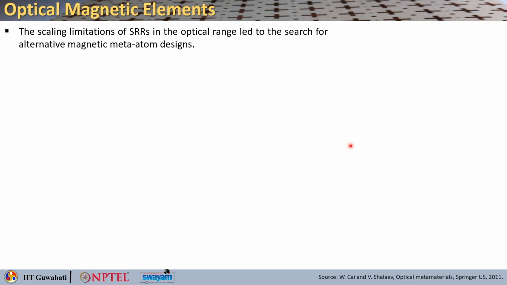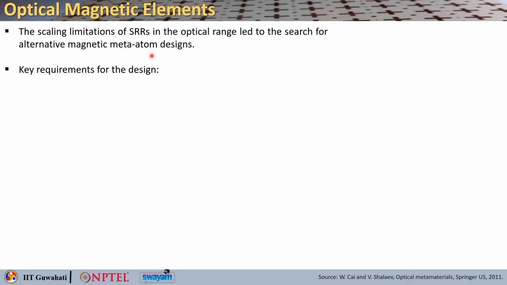So, an intrinsic limit to this scaling of SRR size for obtaining the magnetic resonance in the optical range has actually pushed researchers to break the barrier and look for alternative designs of magnetic meta atoms.